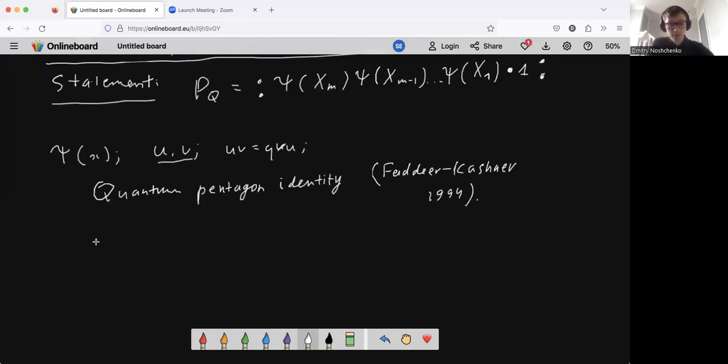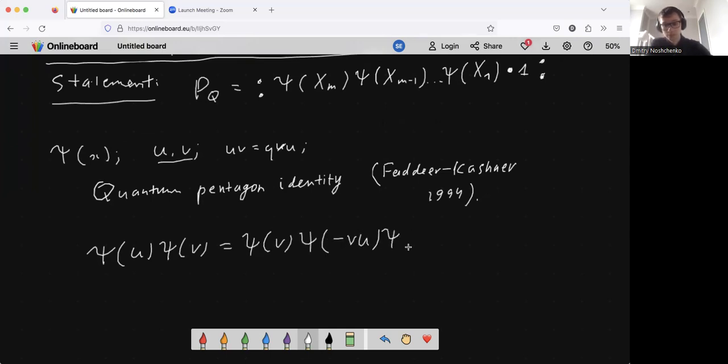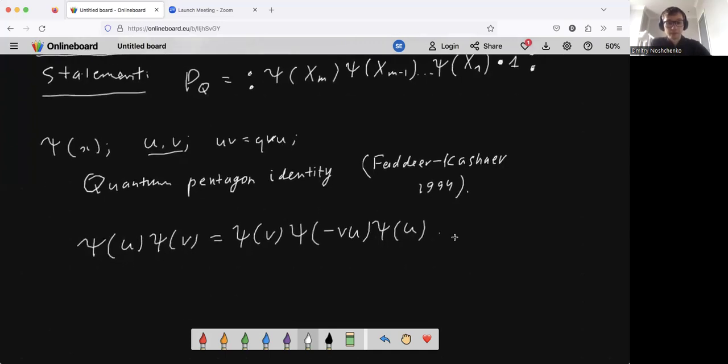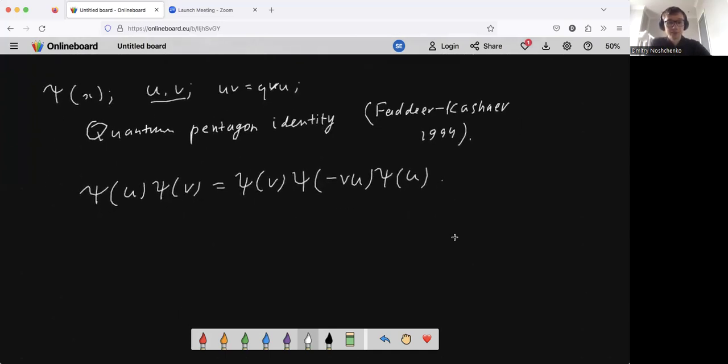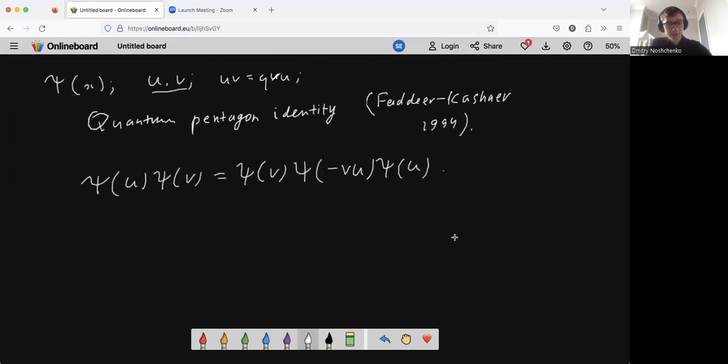The identity reads that psi of u, psi of v equals psi of v, psi of minus v times u, psi of u. You have probably seen it somewhere, or maybe not.